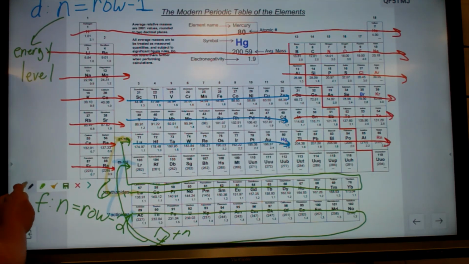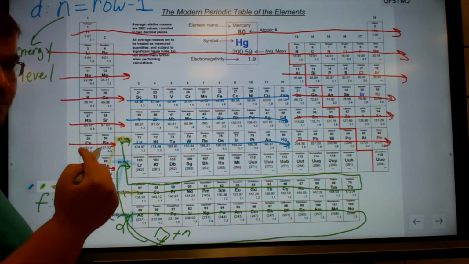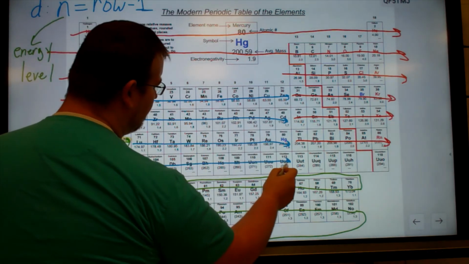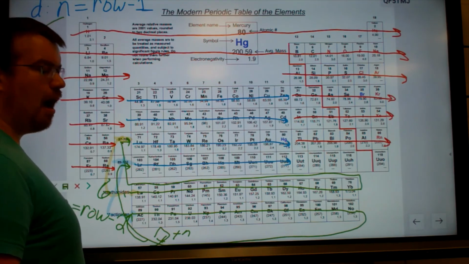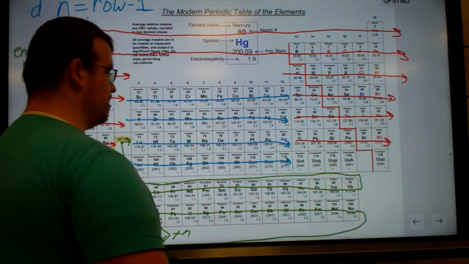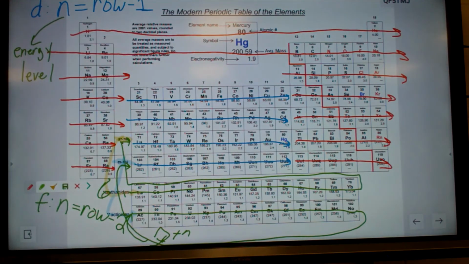Here at the d block, it's row minus 1, so 7 minus 1 is 6. 6d10. Then we're going to go into the p block, and the number is equal to the row. So that is, boom, 7p6. That's how I figure these things out, looking at this periodic table, okay?